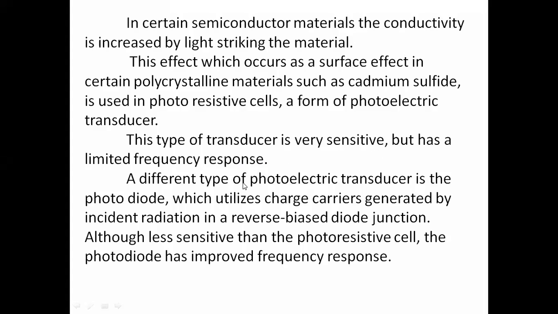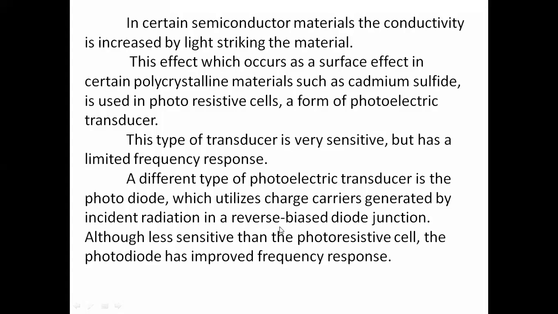Considering another one, the photoelectric transducer, which is nothing but a photodiode. It uses charge carriers generated by incident radiation on a reverse biased junction diode. Generally the photodiode is used in reverse bias operation. When light falls on this diode, charge carriers are generated and due to that current is induced.